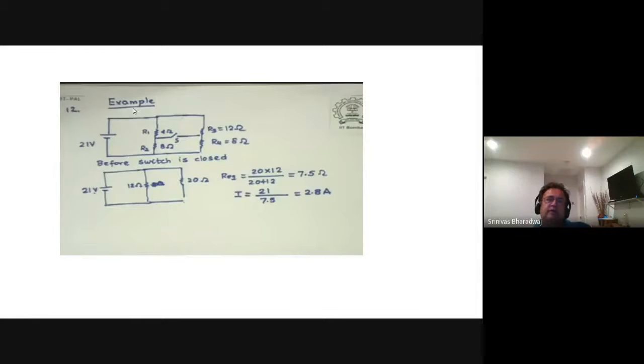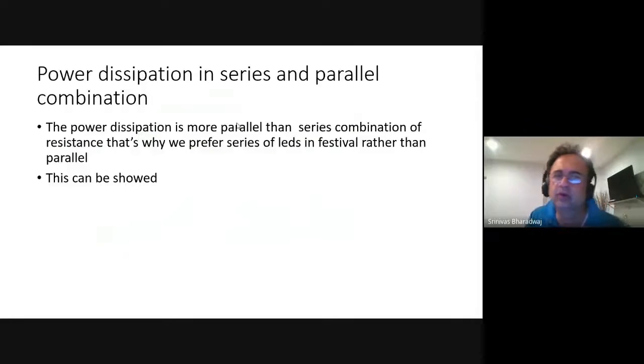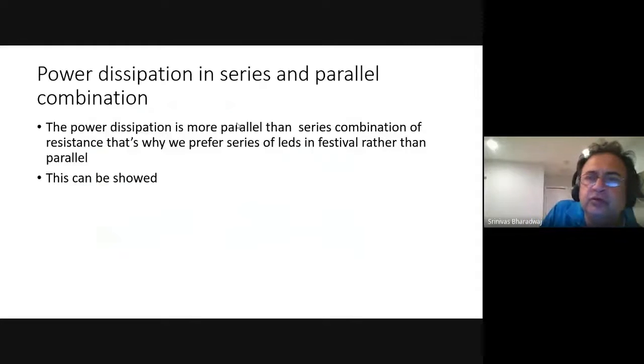If you had 3 amps, it will become 2.25 and 0.75, in the ratio 3:1. These two are equal, so it will be half and half. These are very linear relationships, and they follow ratio and proportion. That's how you do simple circuits where you find equivalent circuits.